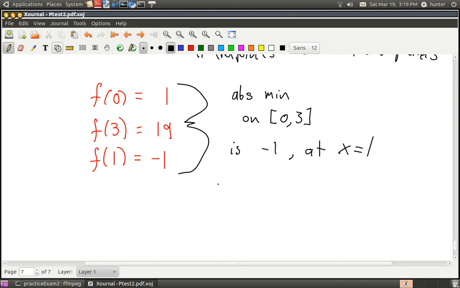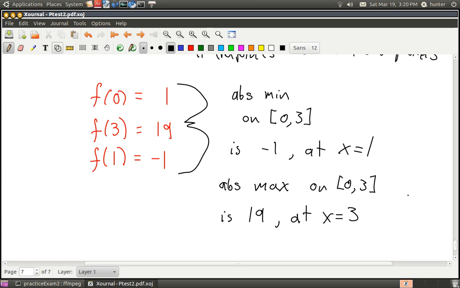Now what about the absolute max on the interval from 0 to 3? That is clearly 19, and it happens at x equals 3. So we're done with the problem.